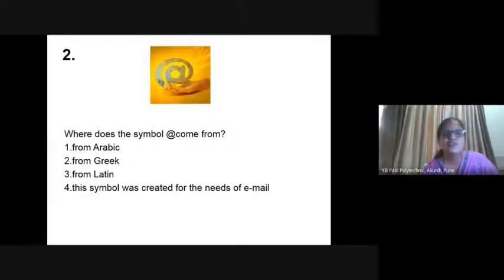Okay, second question. Again, write down the question number and in front of that, the option number. Where does the symbol @ come from? From Arabic, from Greek, from Latin. This symbol was created for the needs of email. Note down the correct option.